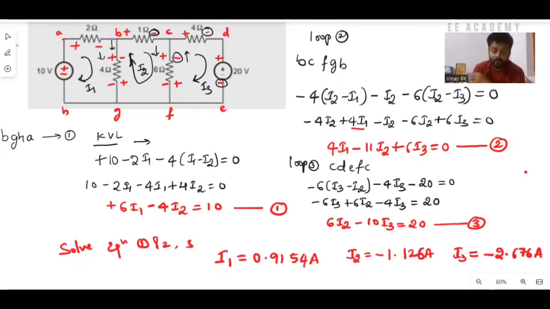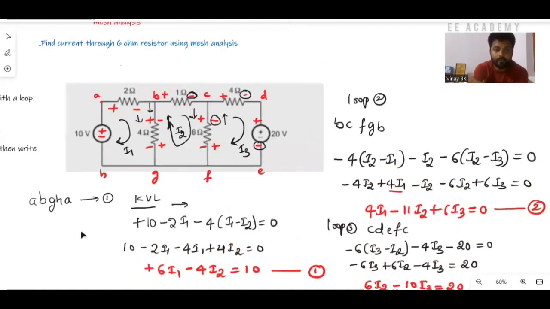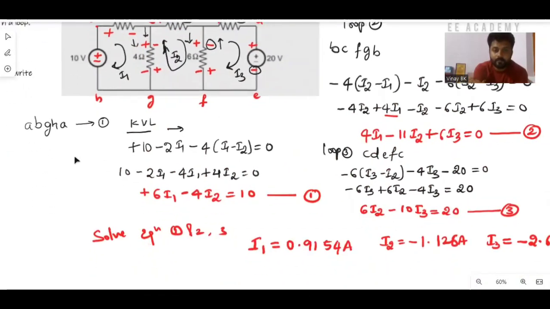But what did they ask you to find? They asked you to find the current that flows through the 6 ohm resistor. You need to find the current flowing through this 6 ohm resistor.